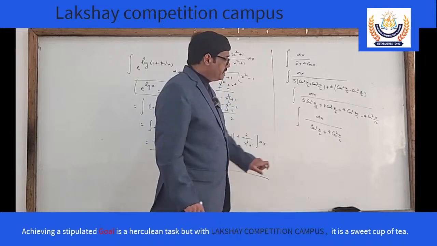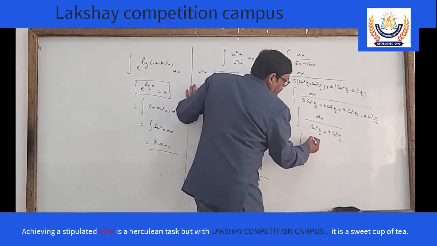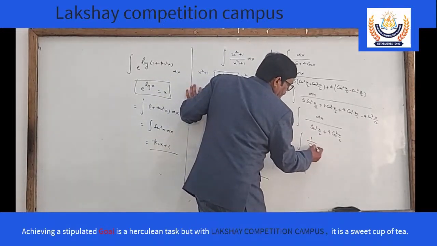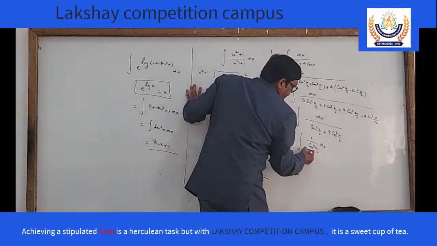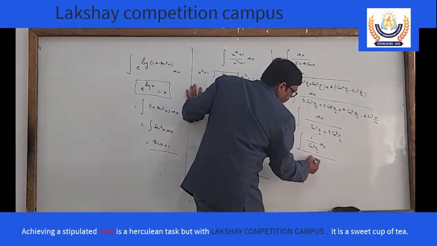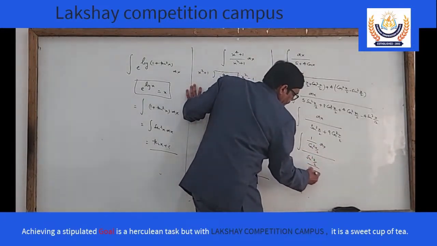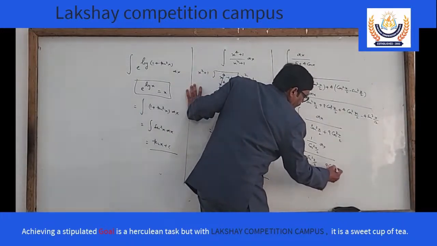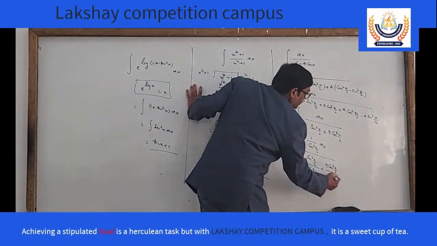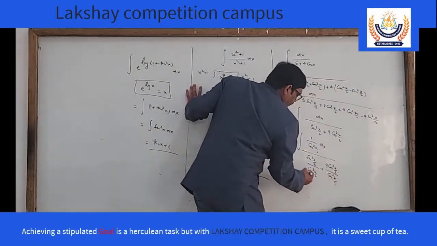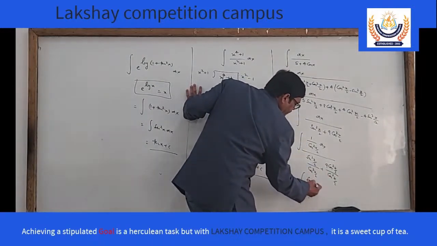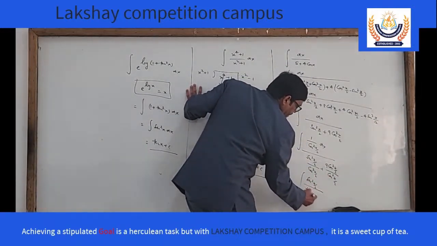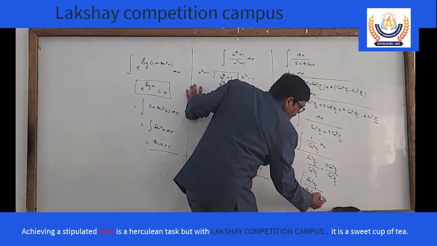So you divide numerator and denominator by cos square x by 2. So what we have? Secant square x by 2 upon tangent square x by 2 plus 9.